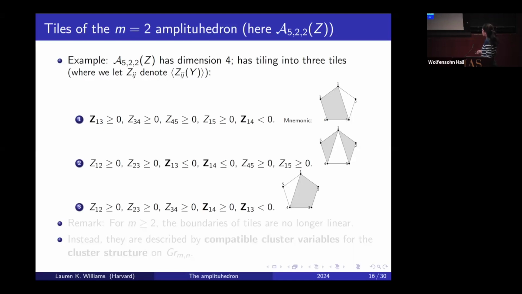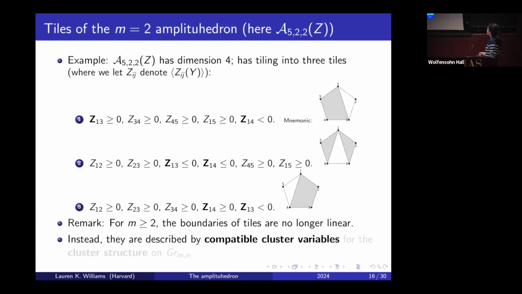Already we see in this example, and in general for m at least 2, the boundaries of tiles are no longer linear. These twistor coordinates are like Plücker coordinates in G2n, so they're not linear. But the very interesting feature is that they are described by compatible cluster variables for the cluster structure on Gr(m,n).